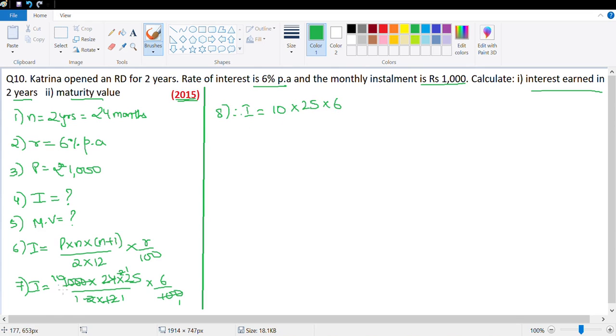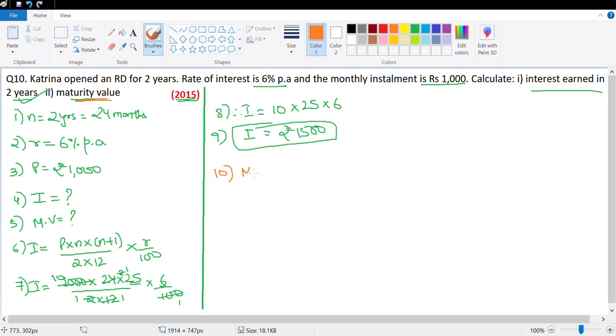Let me reconfirm. Yes, there is a 10 here, 25 here and 6 here. So 25 into 6, that's 150. That's 150 into 10, that's 1500. So the interest earned is rupees 1500. That's the first part of the question. Let's look at the second part of the question. We need to calculate maturity value.